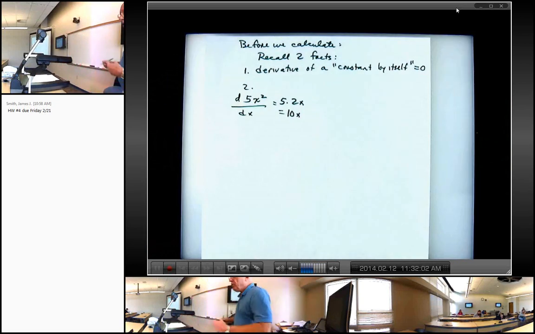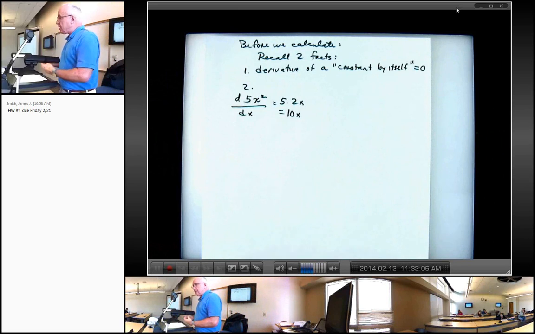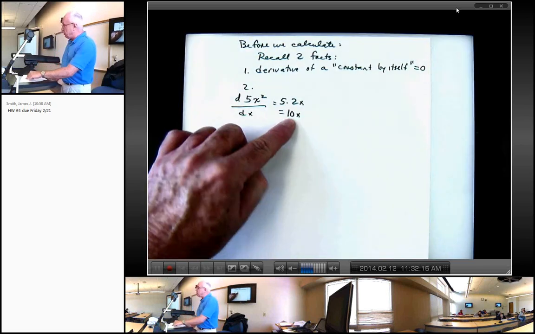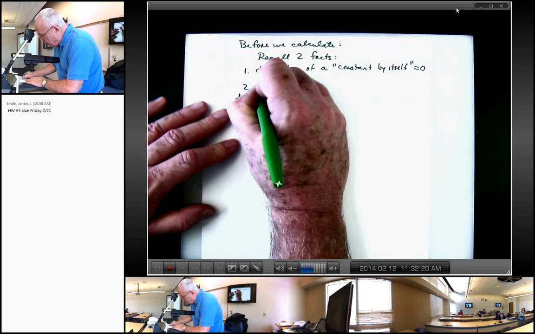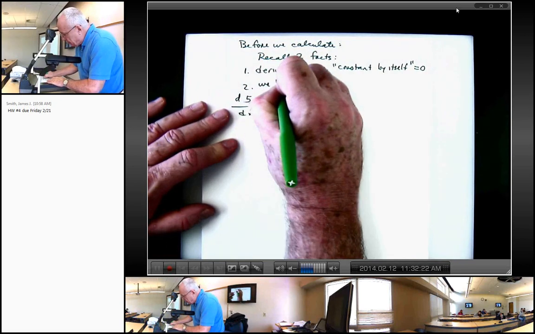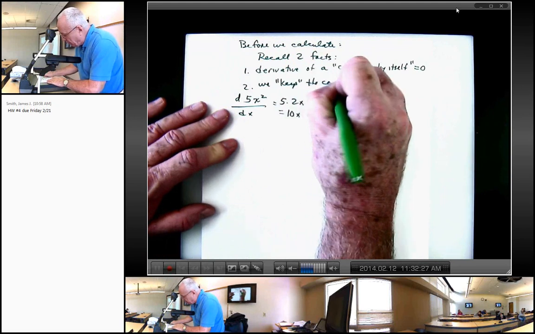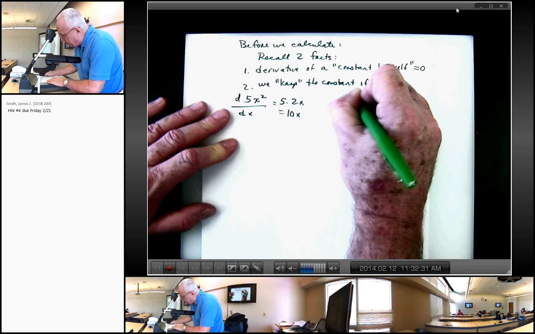So the fact that I want to say is this: if the constant is multiplying a variable, we keep it. This 5 is essentially there, except it's multiplied by the 2. So I'm going to put this in quotes, we keep the constant if it is multiplying a variable.